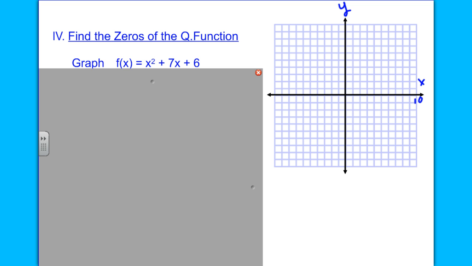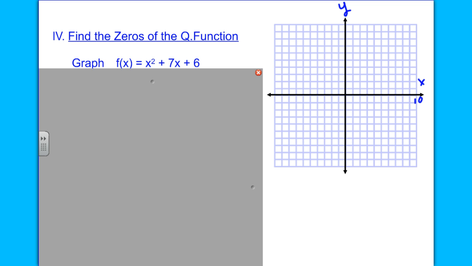Like if g of x was x plus 2, wherever you see x's, you would substitute x plus 2 inside of there. That's Algebra 2. But we're not there yet. We're just getting used to function notation.